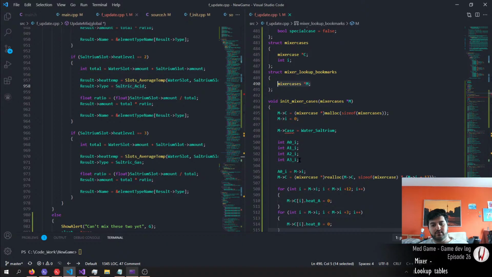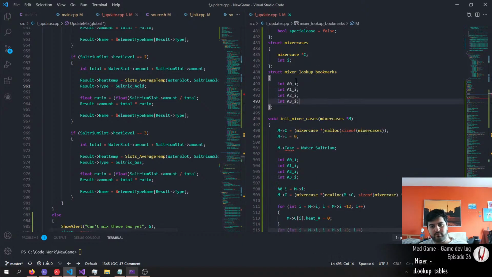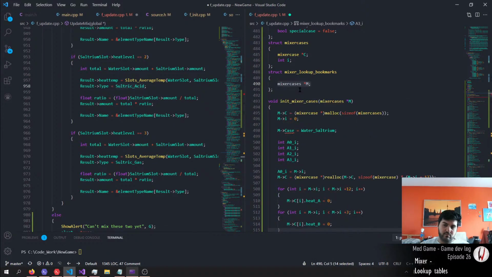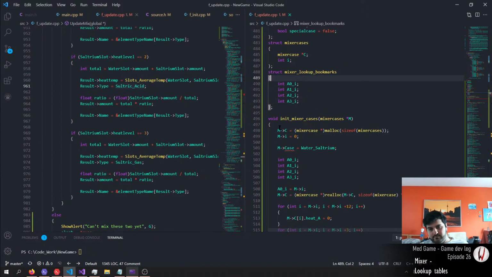So here I will store those things, and I'm going to store the I of it is the A0.